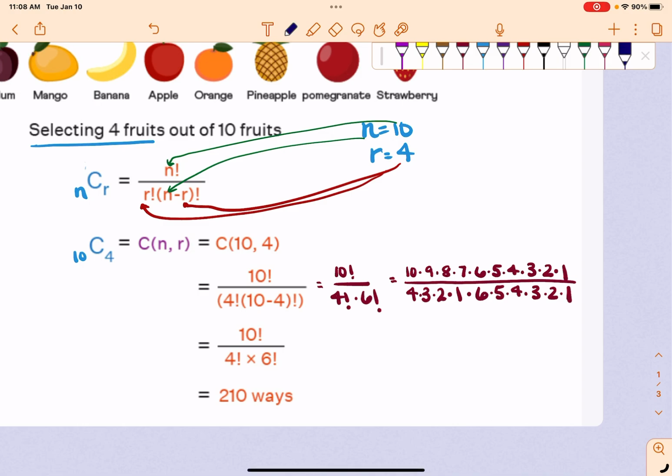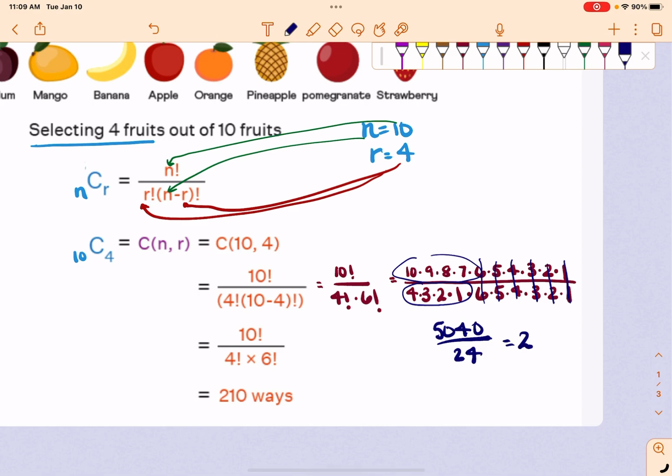Now, the good news is once I get done, I can kind of see these line up. And that part's pretty good. Then I have components that are left. So I can see I have this part on the top. So I have 10 times 9 times 8 times 7, which is 5,040. And on the bottom, I have this 4, 3, 2, 1 piece, which is 24.